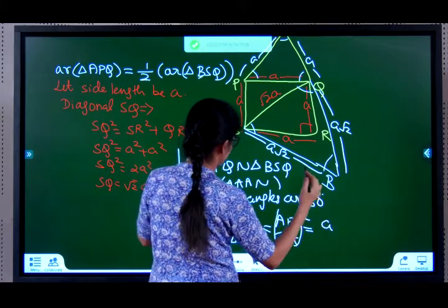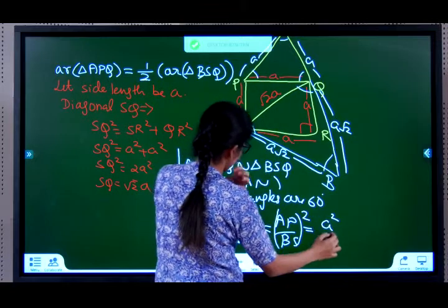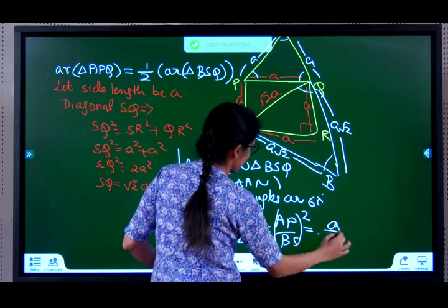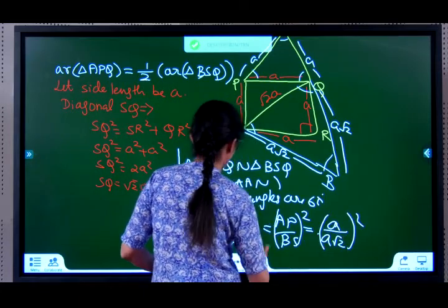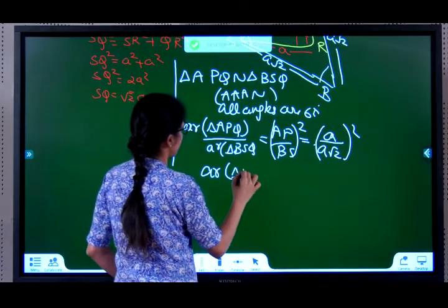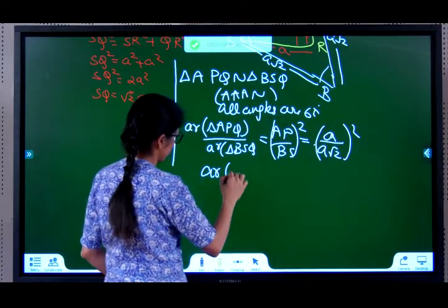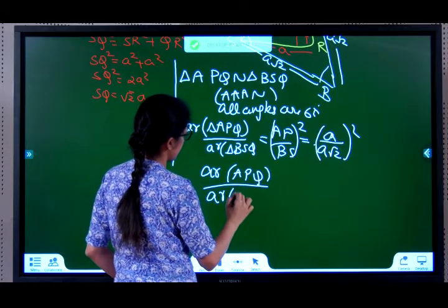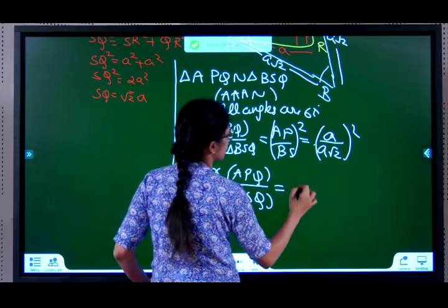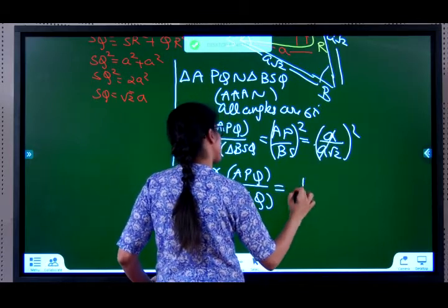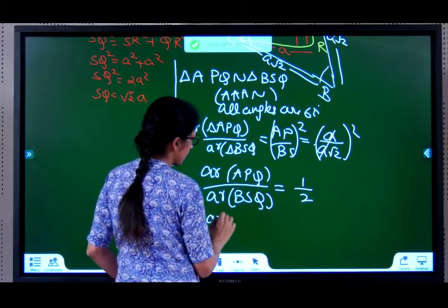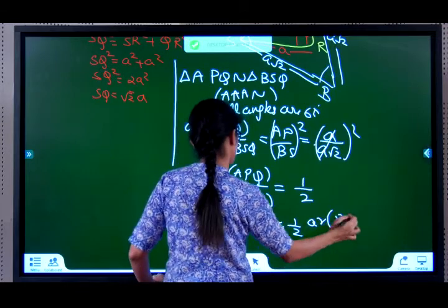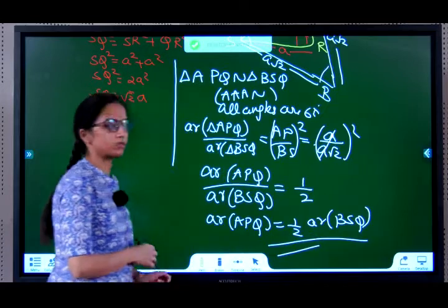AP is the top one. So A by A root 2 the whole square. So area of APQ by area of BSQ is equal to A A cancel, 1 by root 2 the whole square, which is 1 by 2. Send BSQ that side. Area of APQ is equal to half the area of BSQ, which is what we want.